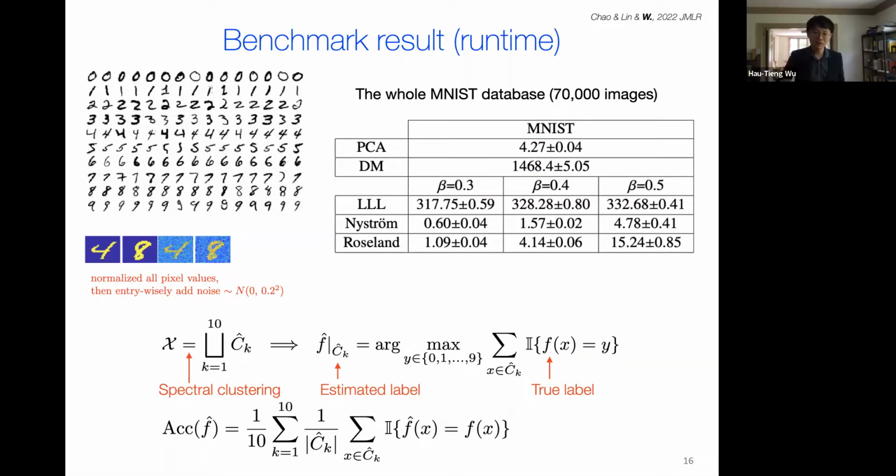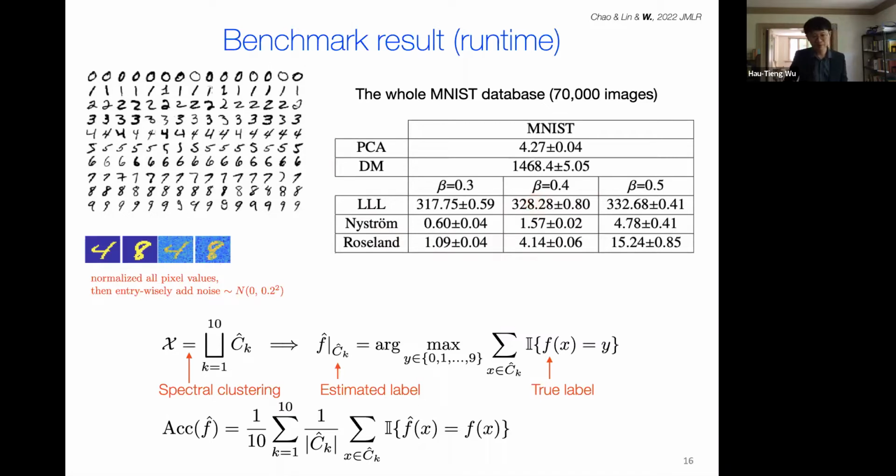If you use Roseland, it takes less than 20 seconds. And LO is an algorithm that the JMLR reviewer asked us to compare. It turns out to be not very good, but it has its own benefits. And Nystrom is very fast for sure.